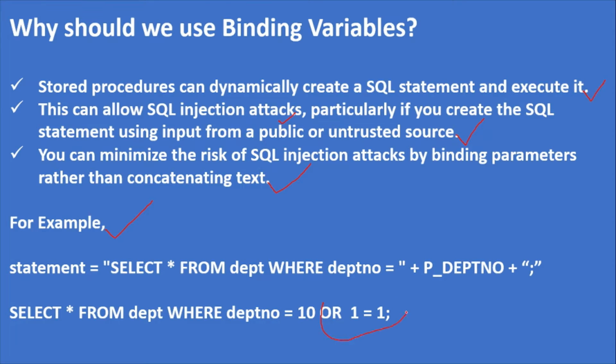Here the other string is R1 equal to 1. That means this query returns the department details for 10 and also all other data from this table. That is where SQL injection attacks occur.